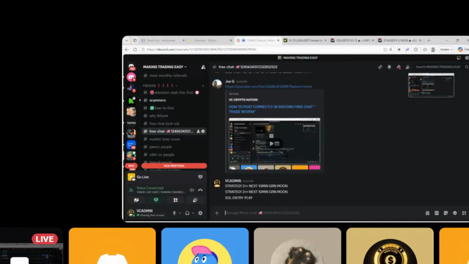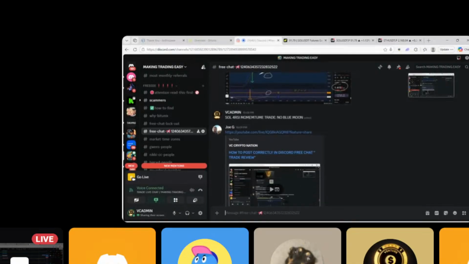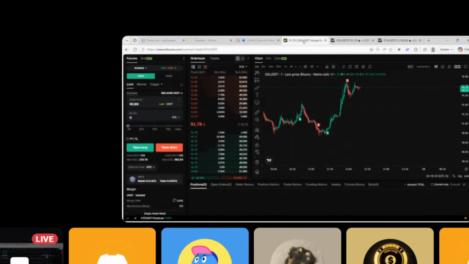We can scroll up in the chat room and see what trade you're doing, right? And as we scroll up, we can see the strategy next green moon. We go up here, we can see, oh, the Solana 4-hour RSI momentum trade. So now we know what you're doing. And now as we scroll down, we can also look at the chart and see if you made the decision on your chart correctly.